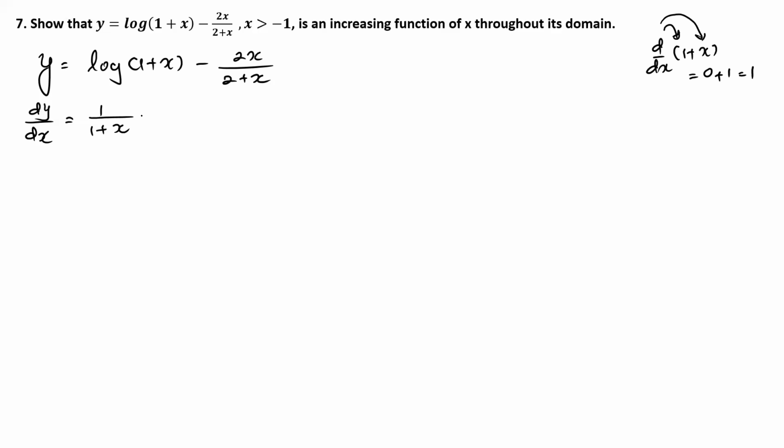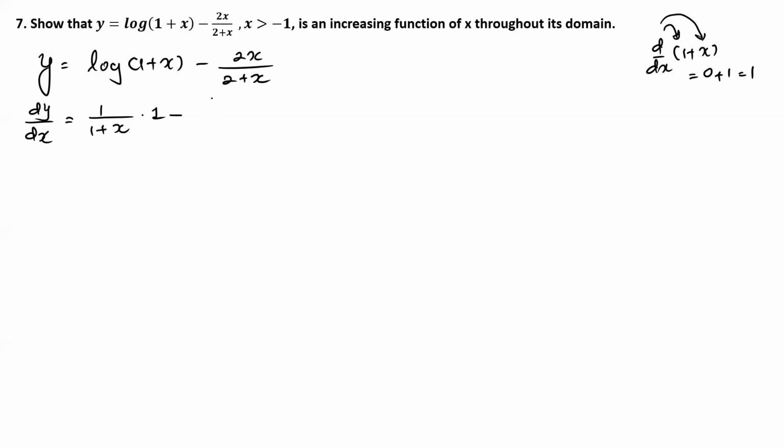It was not required to put, it's just noted. But remember that if in place of 1 plus x you have x square, then the scenario would have been different.